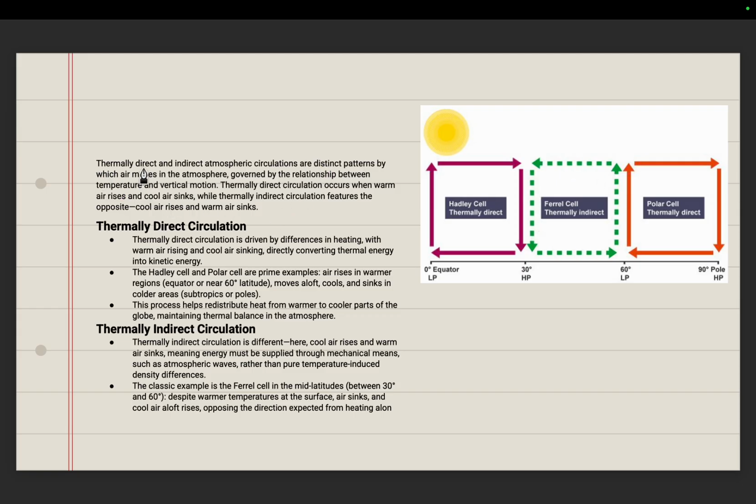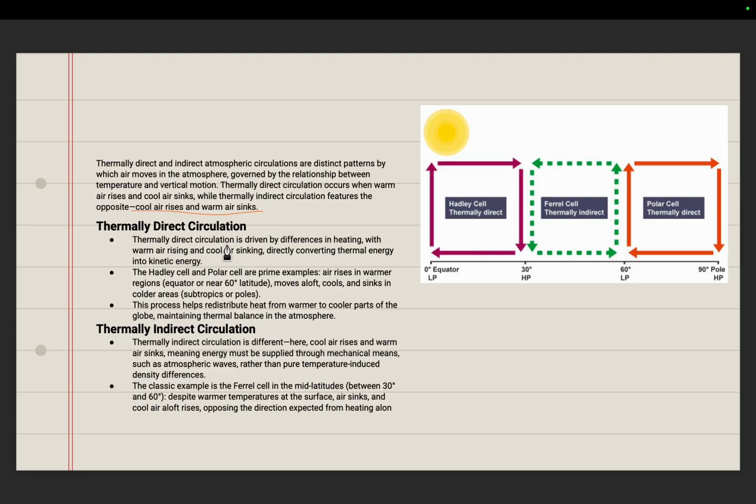This thermally direct or thermally indirect atmospheric circulation is the distinct pattern by which air moves in the atmosphere, governed by the relationship between temperature and vertical motion. Thermally direct circulation occurs when warm air rises and the cool air sinks, while the thermally indirect circulation features the opposite. Here the cool air rises and the warm air sinks.